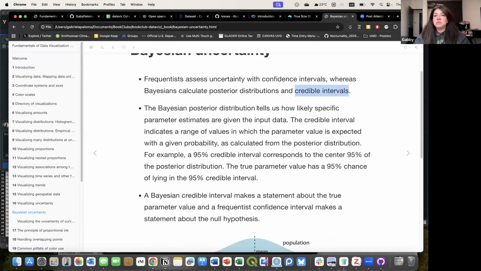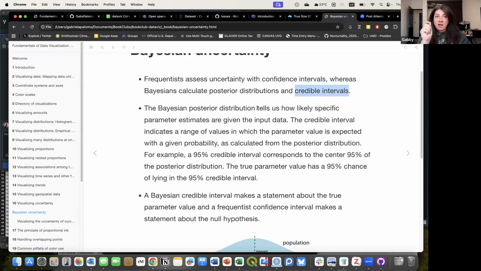So in Bayesian statistics, the posterior distribution is going to tell us how likely a specific parameter estimate is given the input data. So if we are estimating a mean, for example, then that's what the posterior distribution is going to tell us.